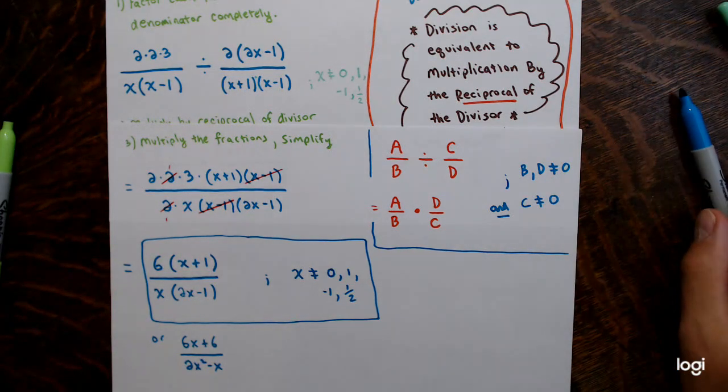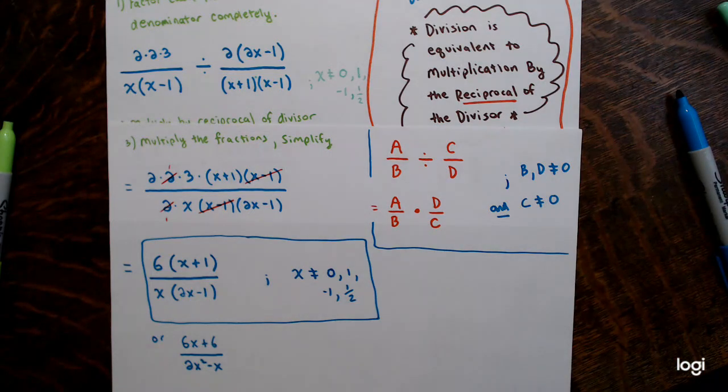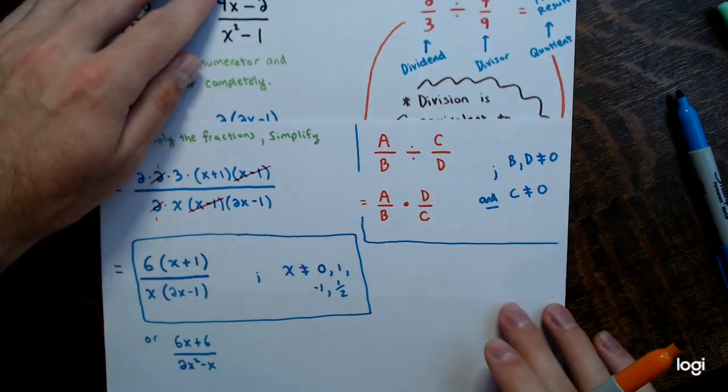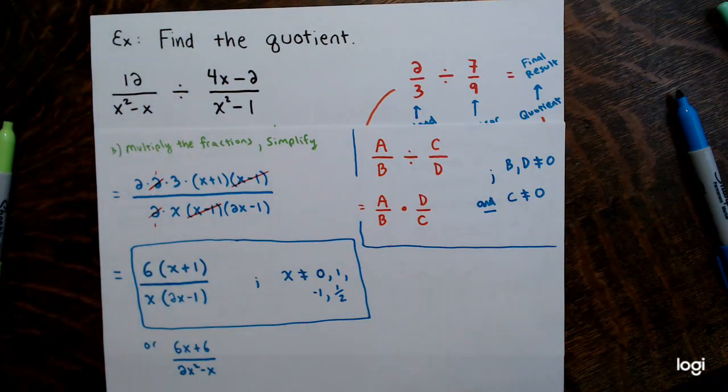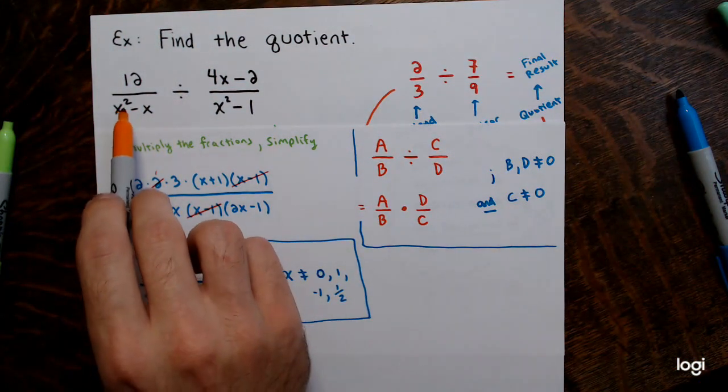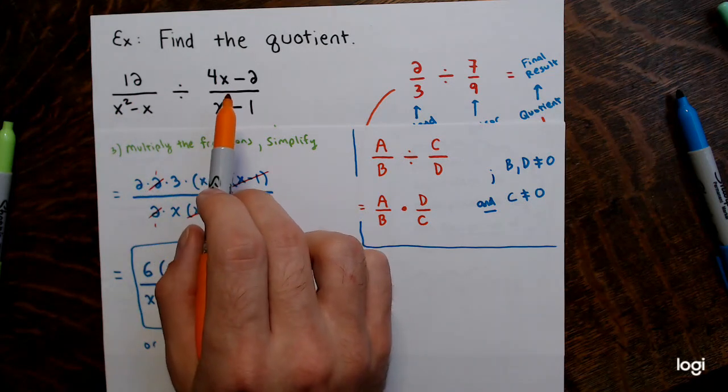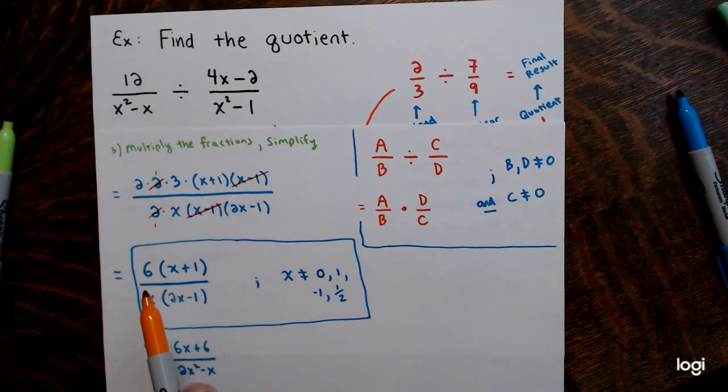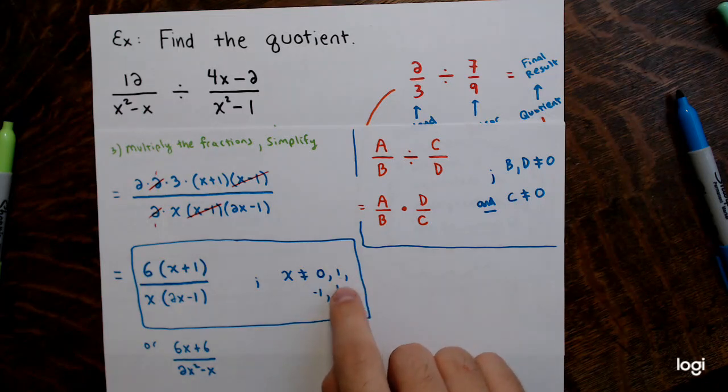And then if you would like to test this, just a couple times: if what you say is true, if this fraction divided by this fraction truly is equal to this fraction here, well then they should have the same value no matter what I plug in for x, as long as it's not one of these four.